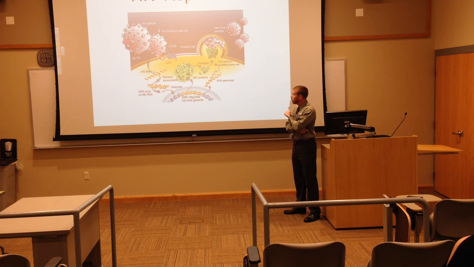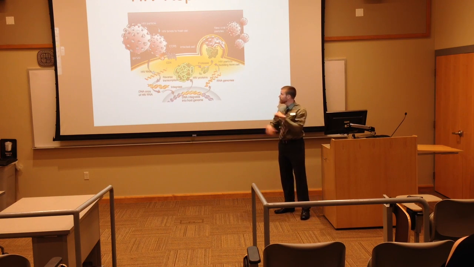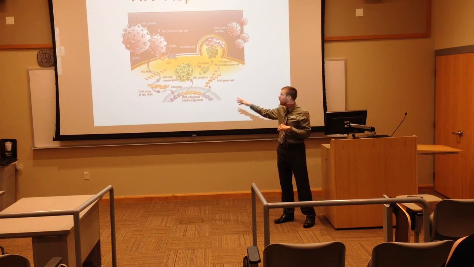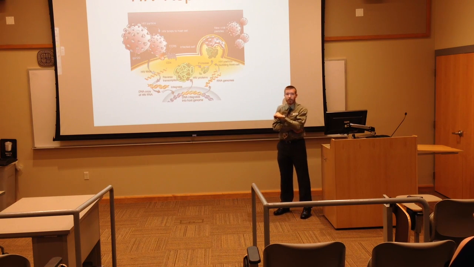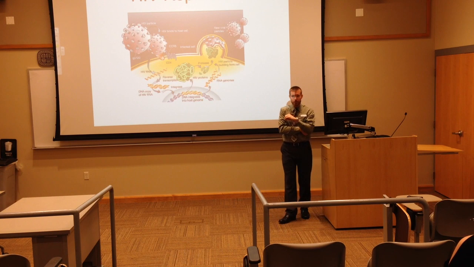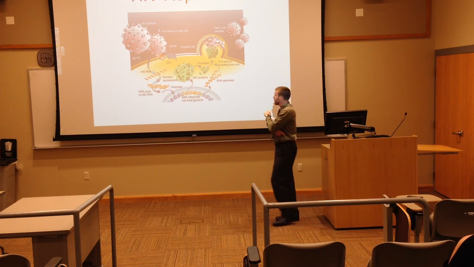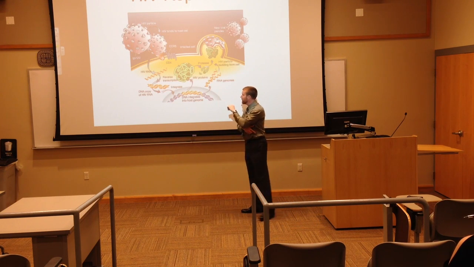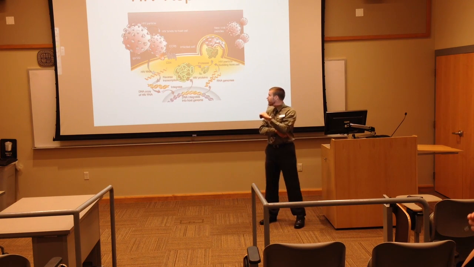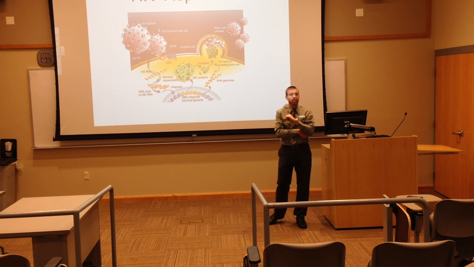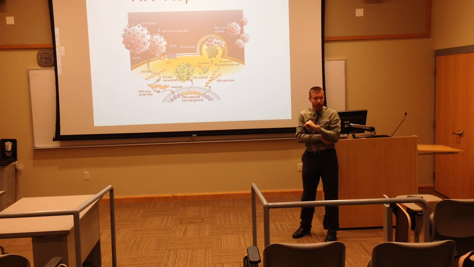We have GP120 on the HIV virus. That has to attach to the CD4 receptor. There also has to be the co-receptor coming into play, CCR5 or CXCR4. Very important. So once we have the combination of GP120 with the CD4 receptor, that induces a conformational change in GP120.